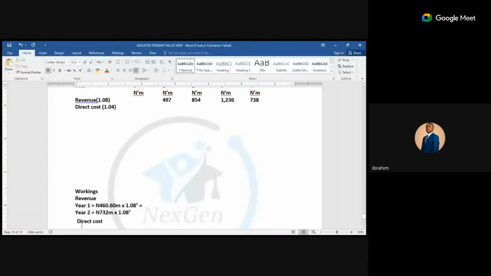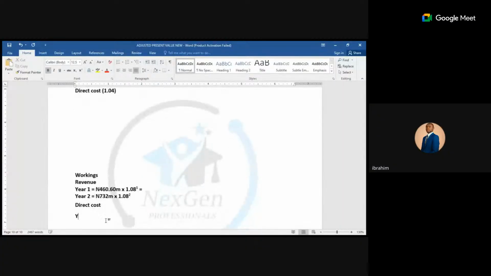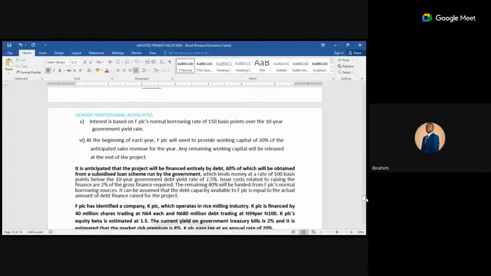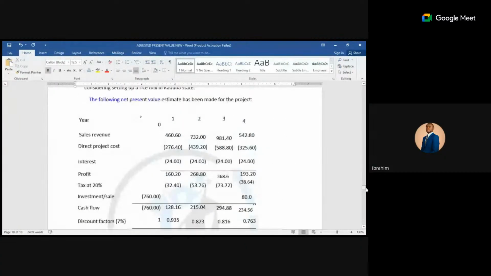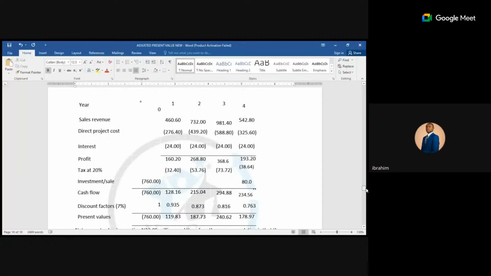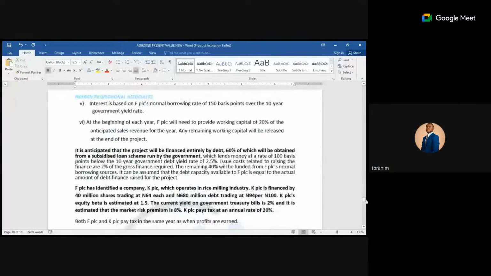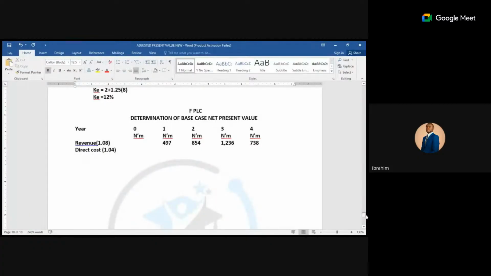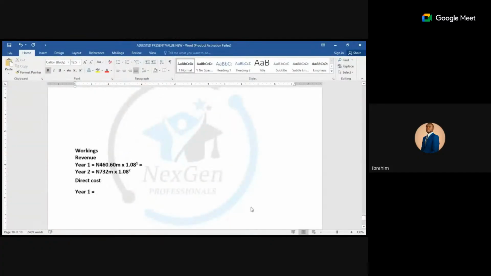Direct costs, year 1. What is the figure for year 1? Direct project costs, 276.40, right? 276.40.